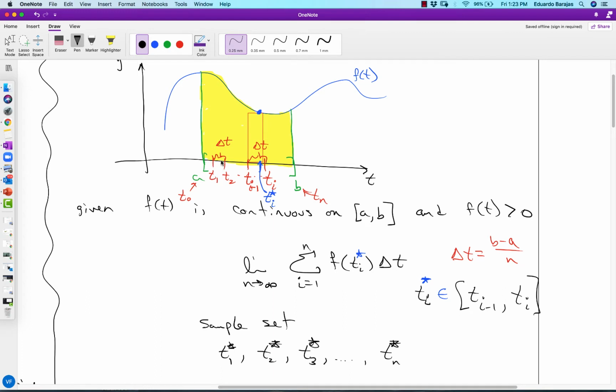T sub 2 star is a random value in the second rectangle, and so on and so forth. For more detail, look at the previous video. But the point was that it could be any sample value, and as the limit as n goes to infinity, eventually we say, well, all of them, no matter what choice you make, are going to give you the same answer. So why not use a simple choice? And the simple choice we decided on is just to use the right-hand rule, which is just to leave it as a t sub i.